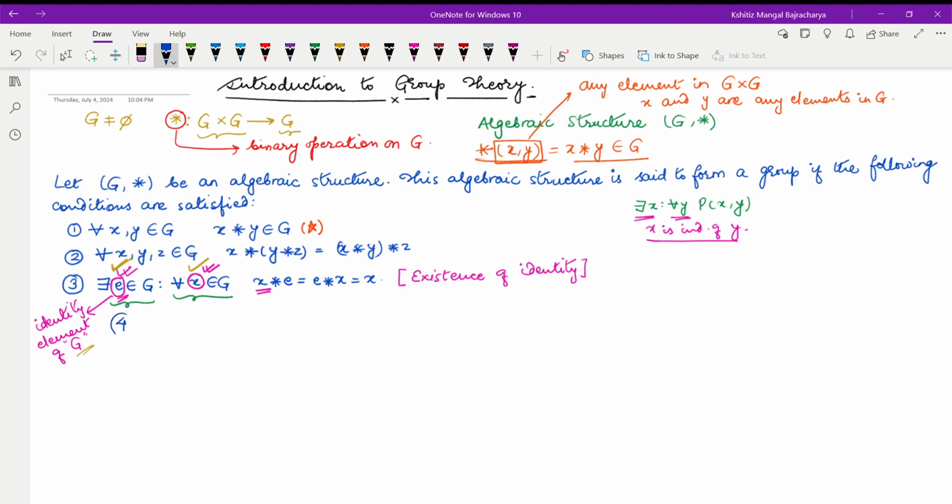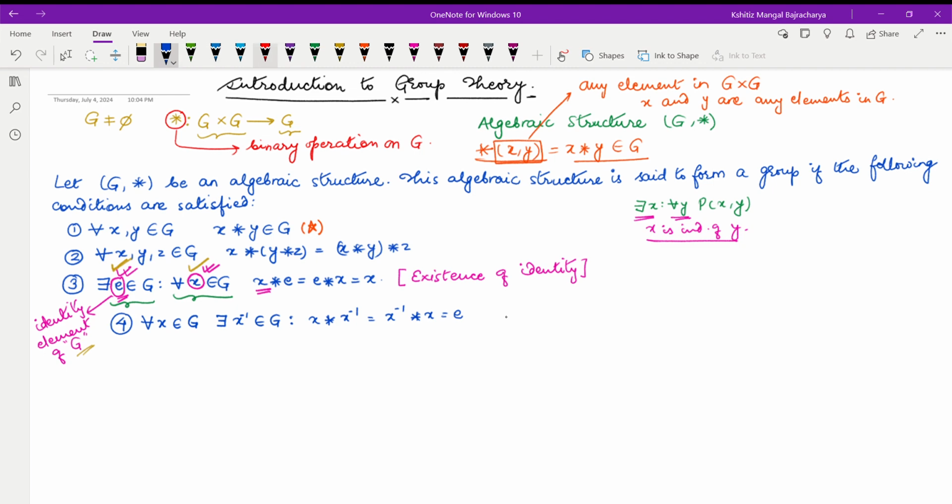The fourth and final condition is that for all x belonging to G, there exists x' belonging to G such that x star x' equals E, satisfying this property, where E is the identity.